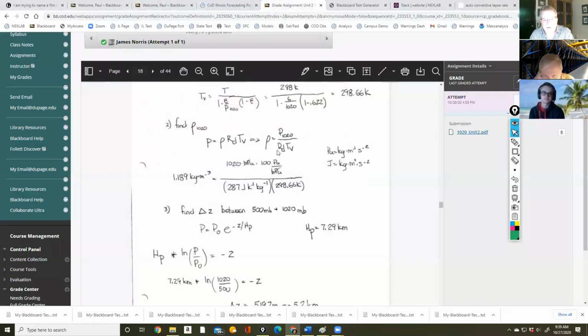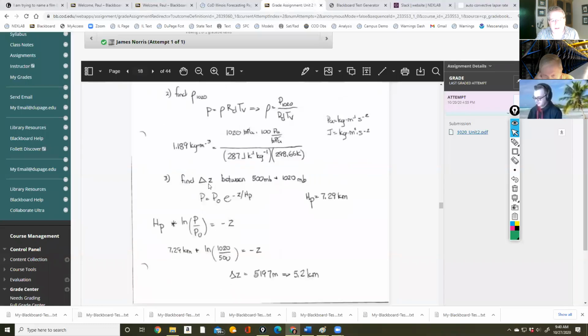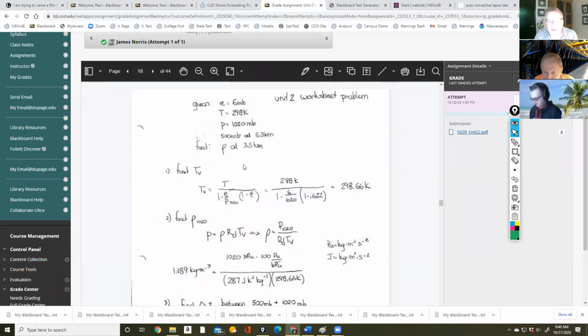Okay, so let's go on here. We got to this point where we were looking at density, that we just kind of went off. Now, what you want here is to define delta Z. So in order to do that, given this information, you had to talk about what the hypsometric H was. And you got H is 7.29. Now, why did you say 7.29?